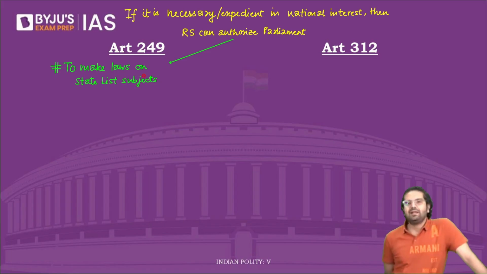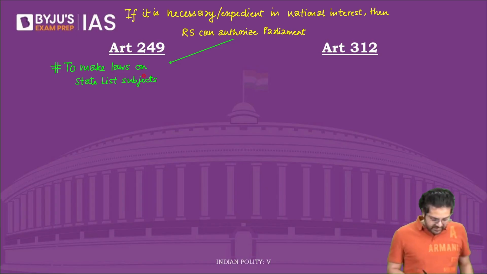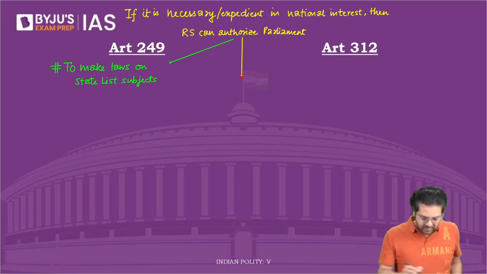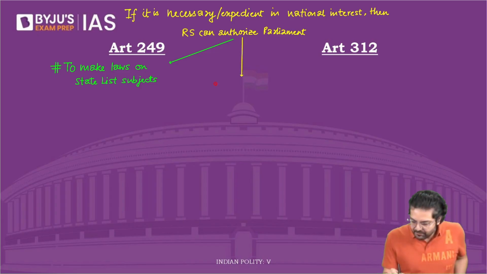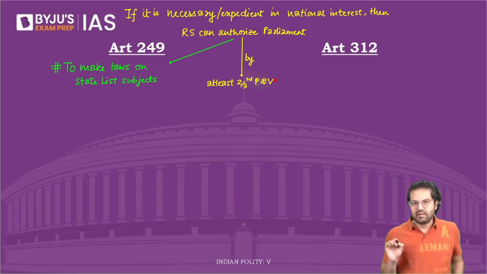Right? State list subjects. This is the authorization given by the Rajya Sabha. And we know very well that this authorization will come with what kind of majority? It will come by at least 2/3 present and voting. Clear?